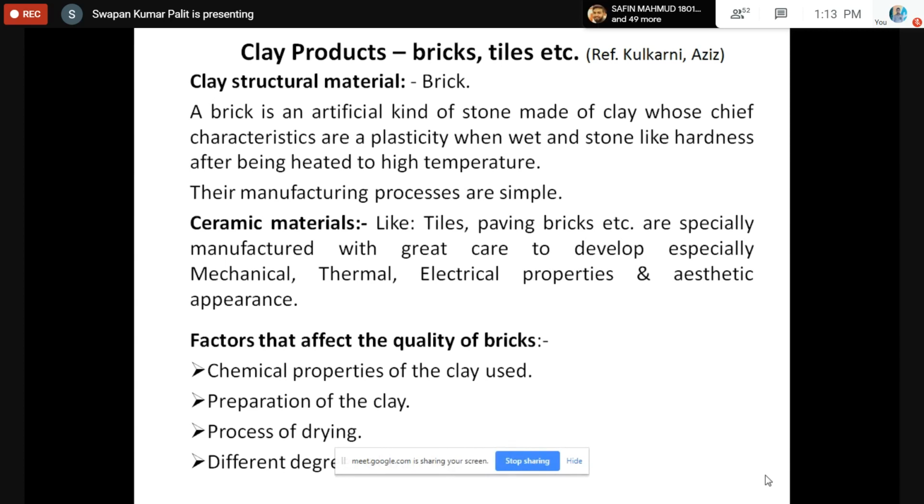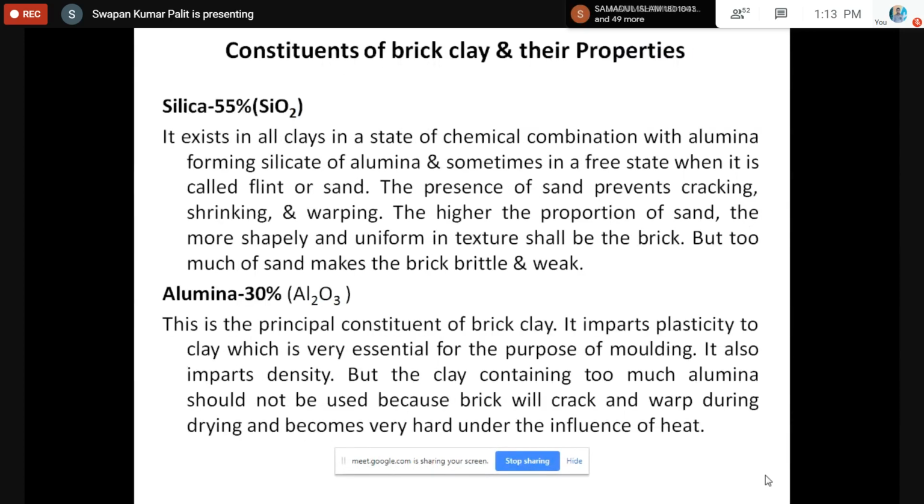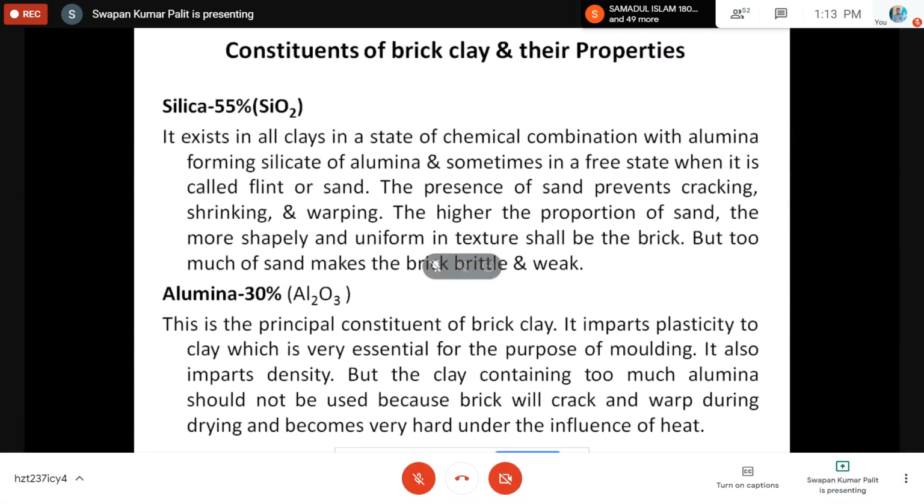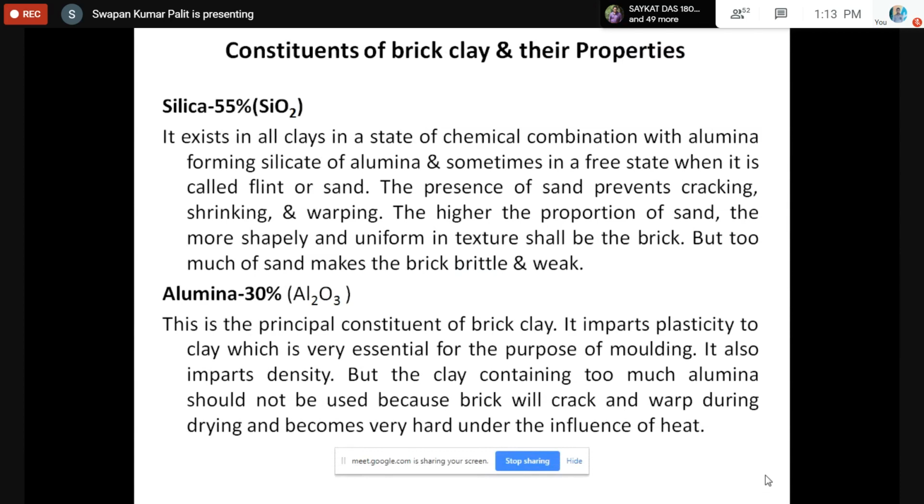So now we can see what are the components, that means chemical properties, and how they will affect the brick quality. These are the components you can see on the screen. There are 6 components, constituents. One is silica. This is the major part, 55% around.